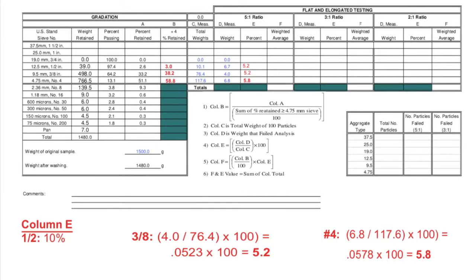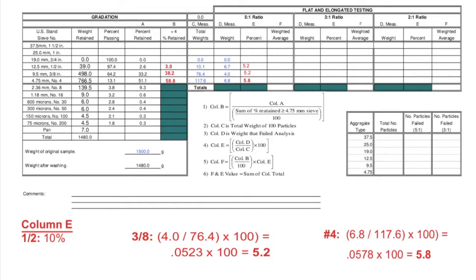So if you look at column E, you have 5.2 written down twice. We got 5.2, which we will use in calculating the 1/2 inch material that we physically didn't test because it was less than 10% retained.